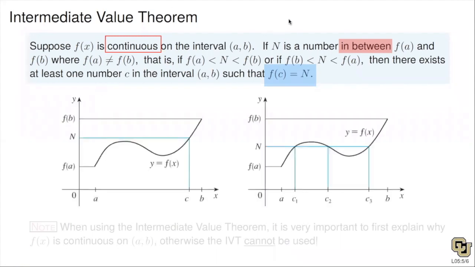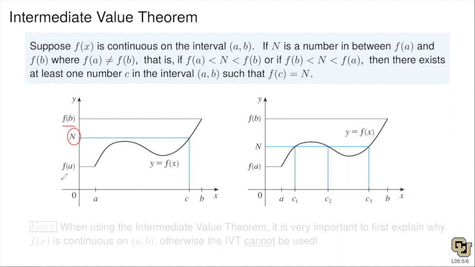And here's the picture. It's important to connect the words to the picture, because that's part of what we're trying to do here in math, to connect the part of the brain that deals with words with the part of the brain that deals with pictures. So look, here's capital N, and you can see it's in between f of b and f of a.